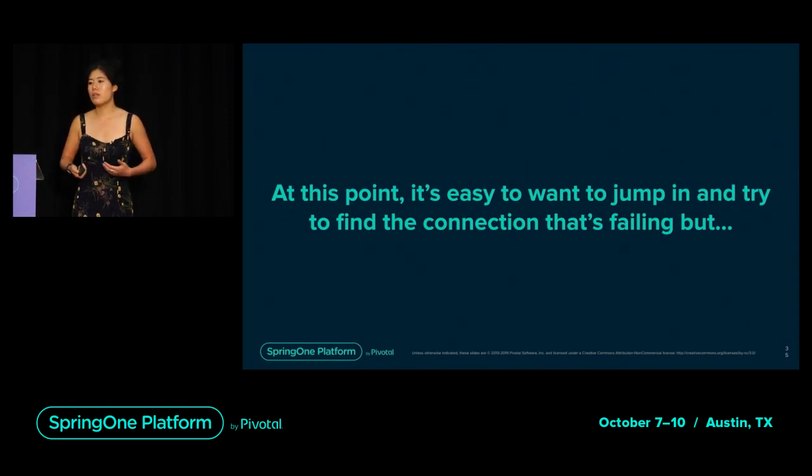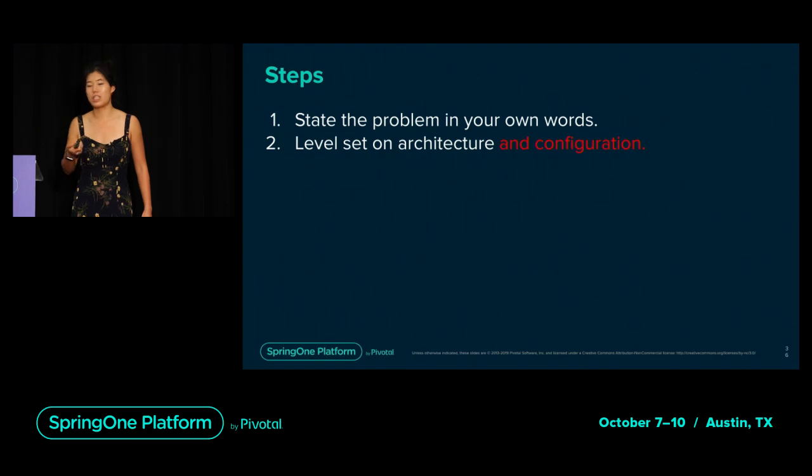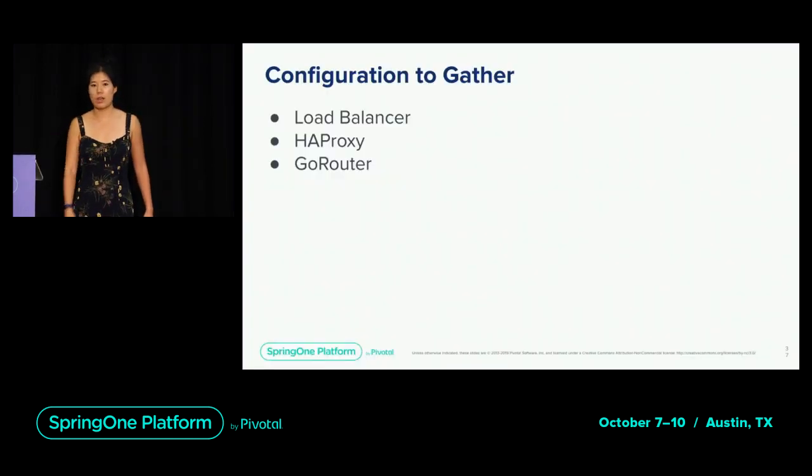But we recommend staying in the information collecting phase, and that's what we did in this case. In addition to level setting on the architecture, we also level set on the configuration of all of these components that were in the network path. So in this case, we gathered configuration information about the load balancer, HAProxy, and Go router. And so by doing this all up front, we're not going to bias ourselves later to only asking for certain configuration of specific components.